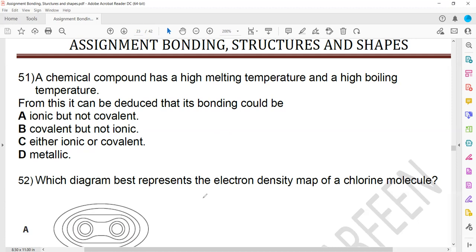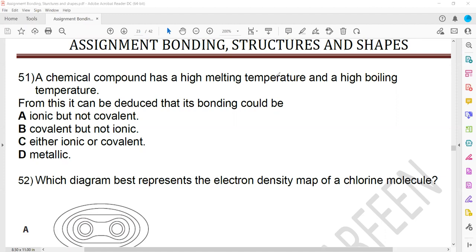Look, ionic compounds have high melting and boiling points. Covalent compounds can also have high melting and boiling points, depending on the type of structure, either a giant covalent or a simple covalent.